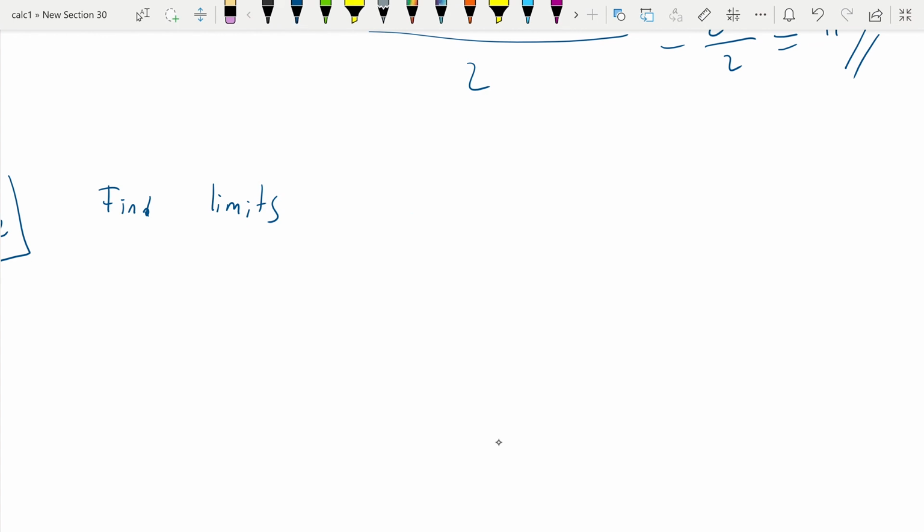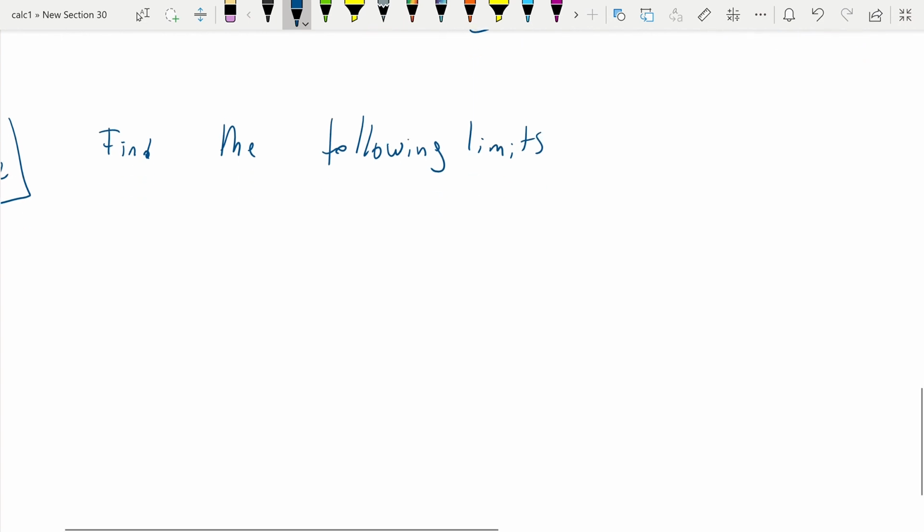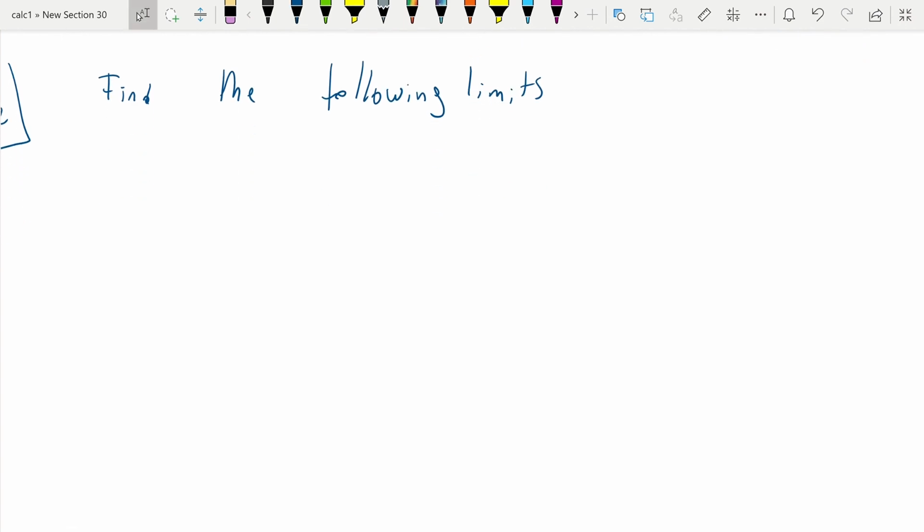Find limits, so find the following limits. And these first limits are all about performing some algebraic cancellations. So first kind of problem, say problem A.